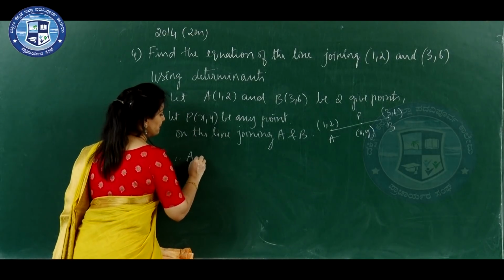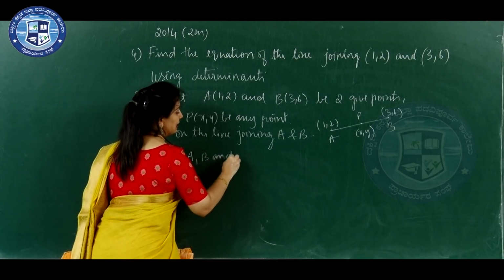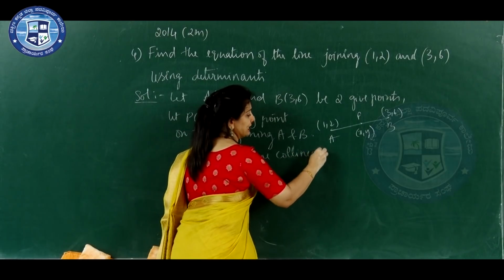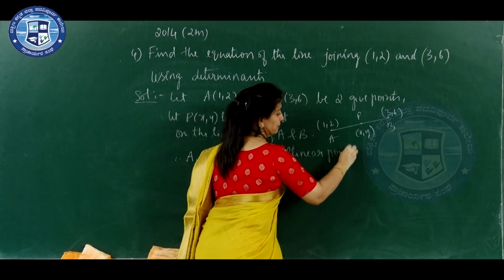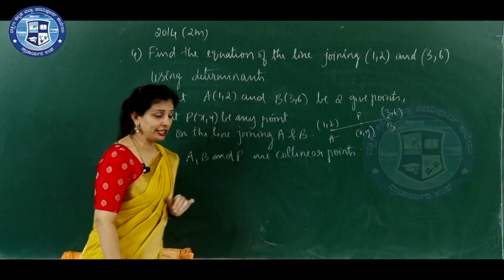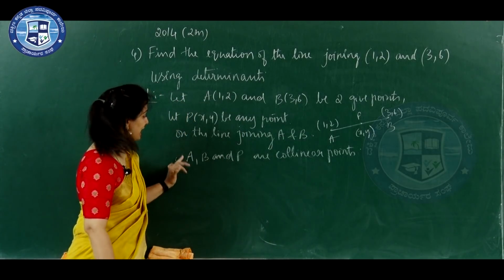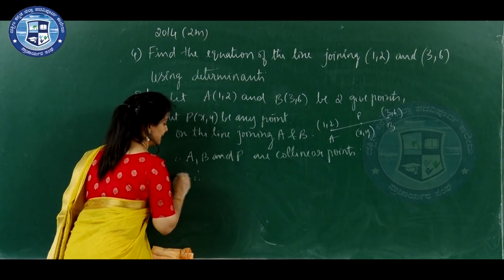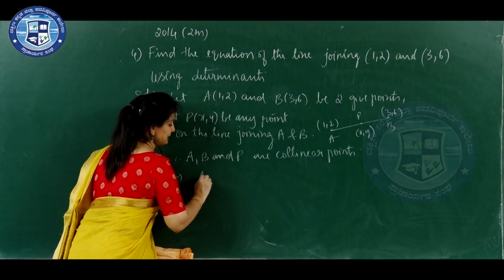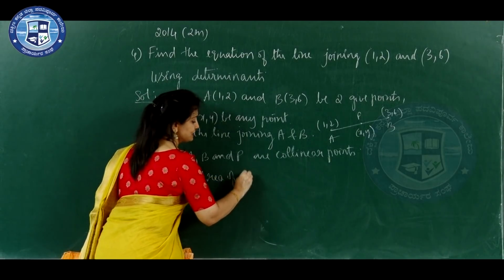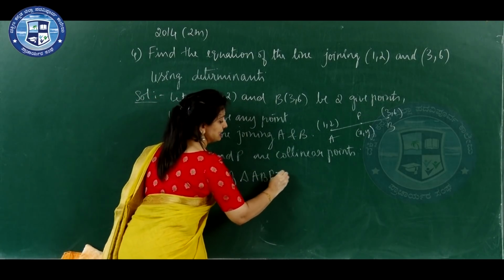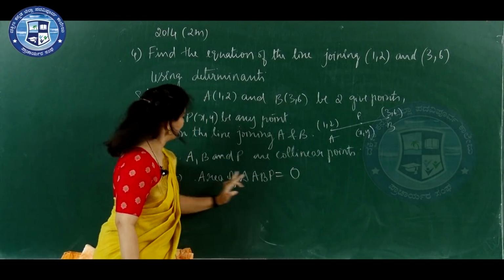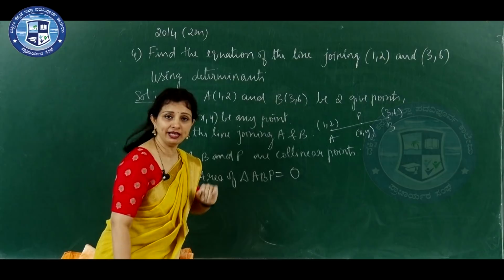Therefore, A, B and P are collinear points. Since the 3 points are collinear, the area of triangle ABP is 0. That implies area of triangle ABP is equal to 0, because A, B and P are 3 collinear points.